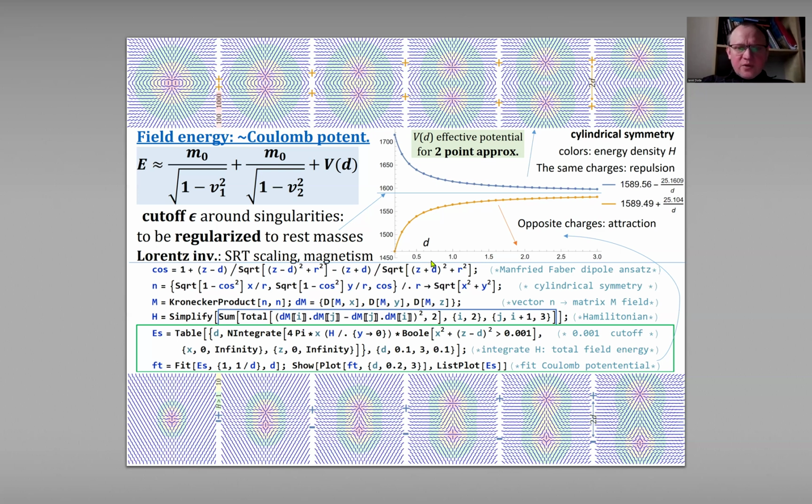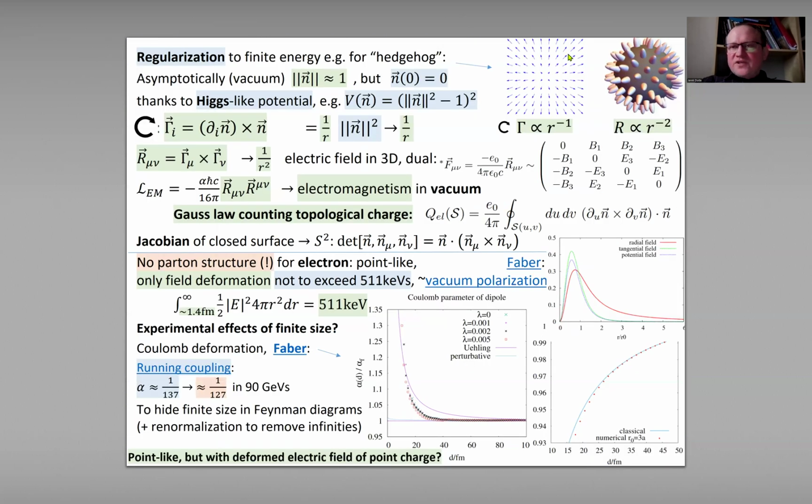This calculation has two approximations. One is guessing this configuration. Second, there is this cutoff to remove the singularity in the centers of charges. To remove this singularity, as mentioned, we need to use the Higgs-like potential. So we get unitary vectors.